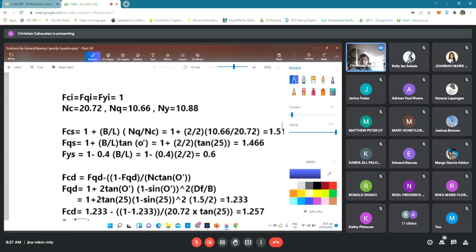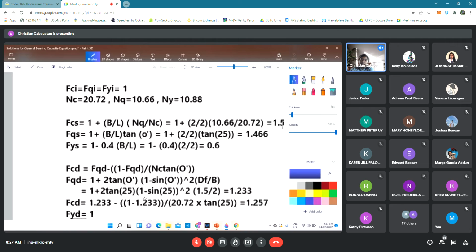Therefore, substituting the value of FQD in getting the FCD: 1.233 minus the quantity 1 minus 1.233 divided by 20.72 times tan 25, it is equal to 1.257.